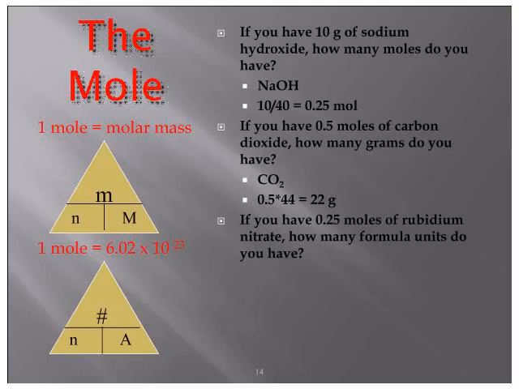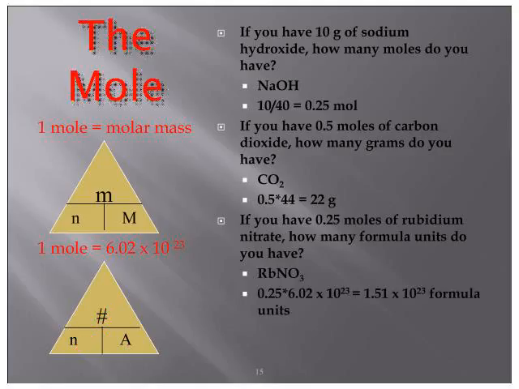Before we move on, remember that we're going from moles to how many. So what do you think we're going to do here? We'll take our moles and multiply it by Avogadro's number. This is actually, even though you want to be in the habit of writing your formulas correctly, when we're dealing with how many, it doesn't really matter what the formula is. It just matters what are you going to do with the calculations.